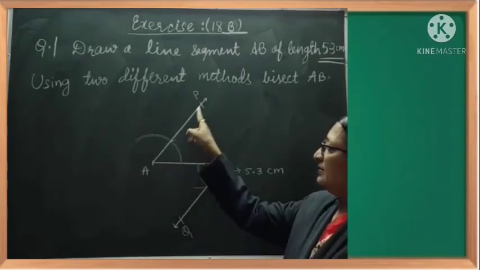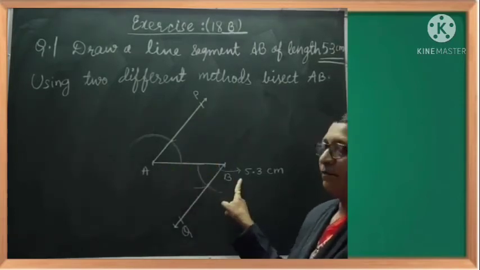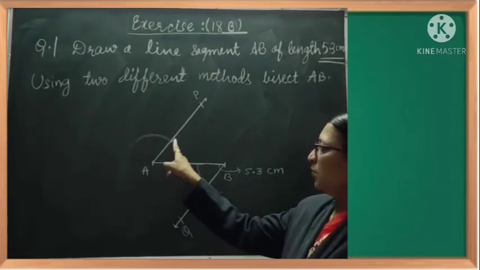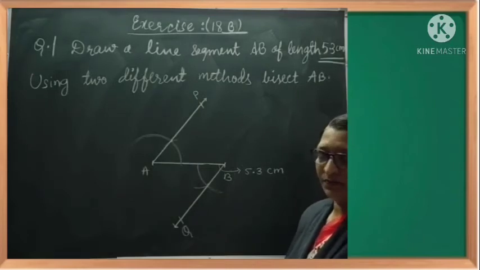We name these angles PAB and QBA. These both are of equal measure.